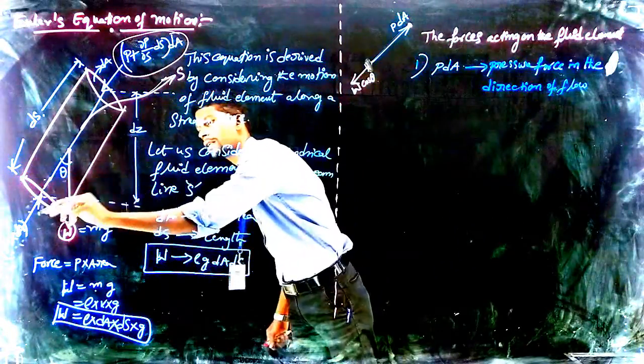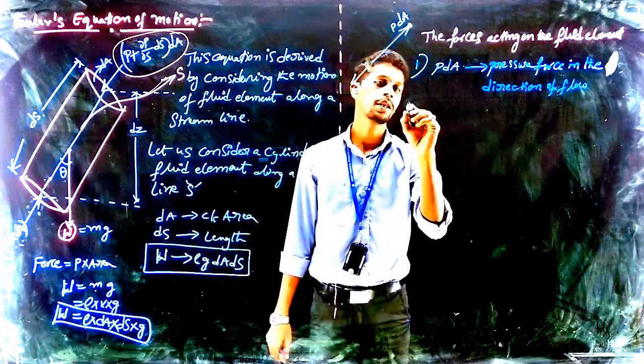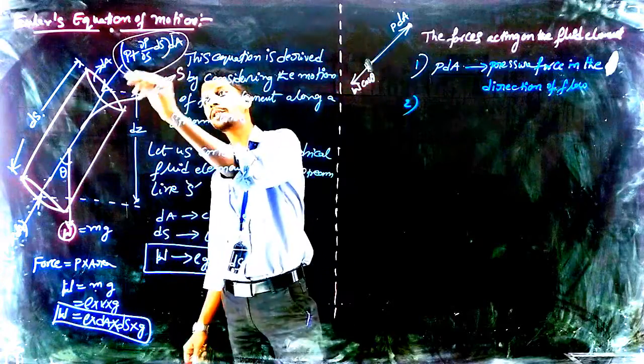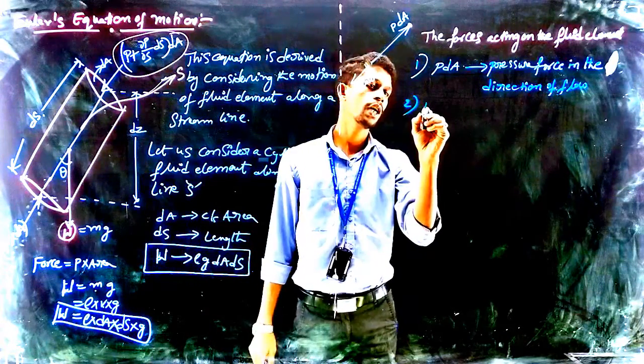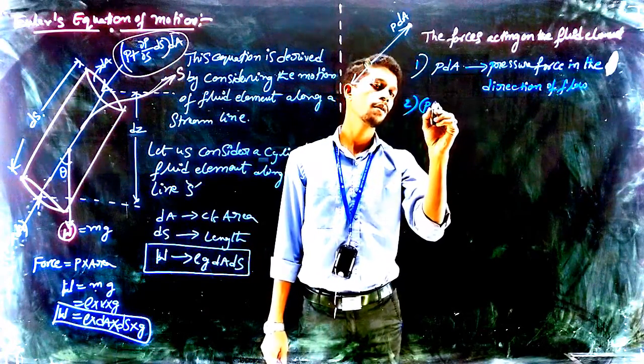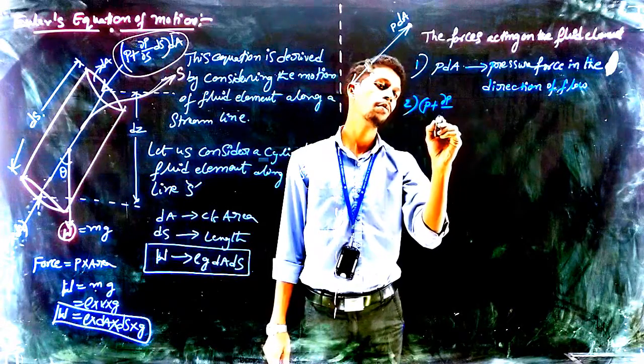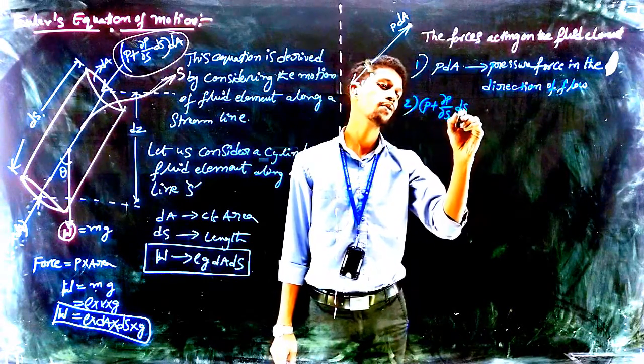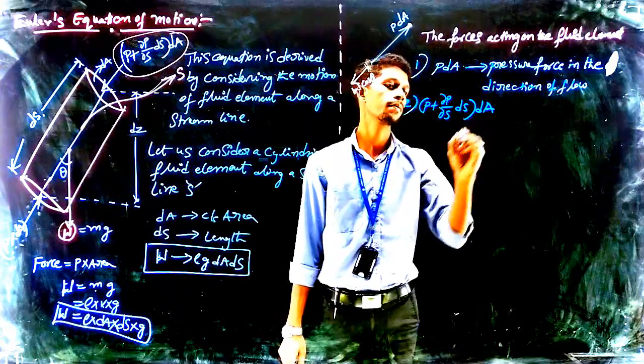Right? Along this line, in the direction of flow. And the second one is opposite to the direction of flow. So that pressure force will be P plus dou P by dou S into ds into dA.